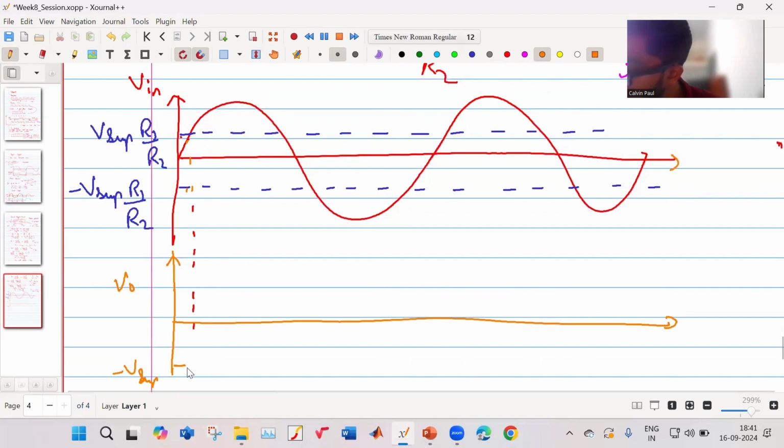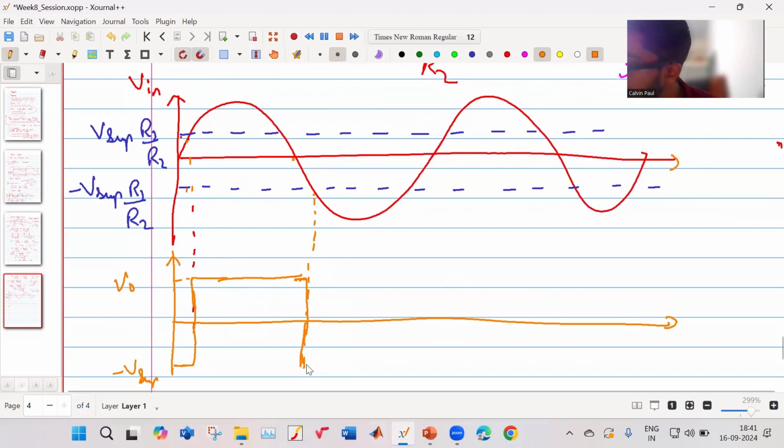Okay, so then my output will go from minus V supply to plus V supply. Okay. And it will go on. Even if it crosses 0, it will still be positive. And only when my input becomes less than minus V supply R1 by R2, it will go low.